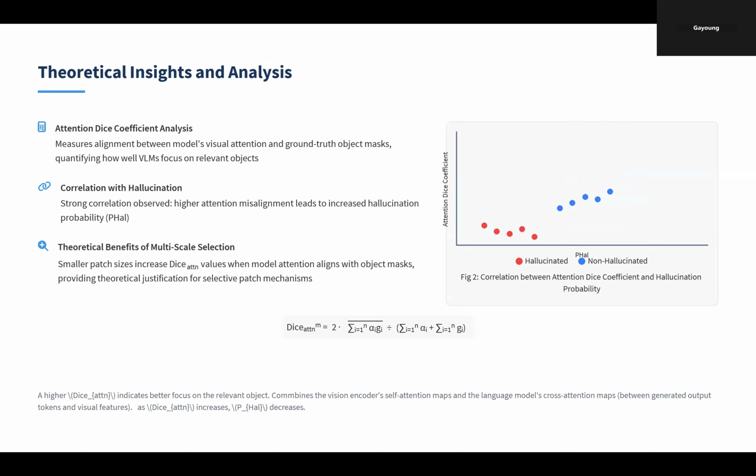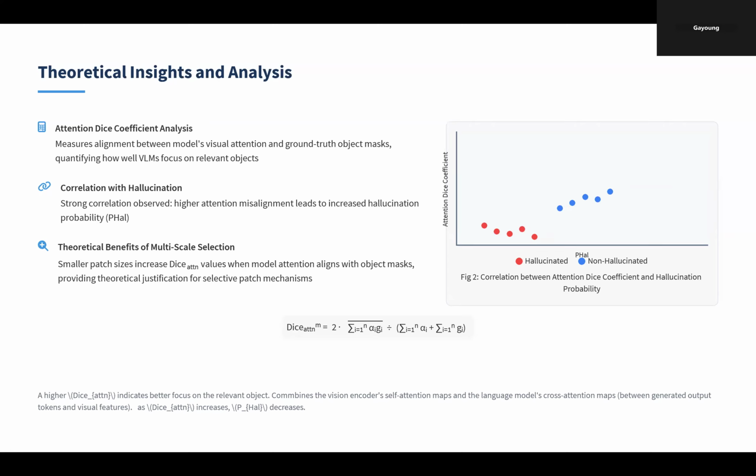And there's also the dice coefficient, the attention coefficient. What they want to measure is the alignment between the model's visual attention and the ground truth object mask, so how well the VLM focuses on the relevant object. It is calculated using the vision encoder's self-attention map and the language model's cross-attention map.